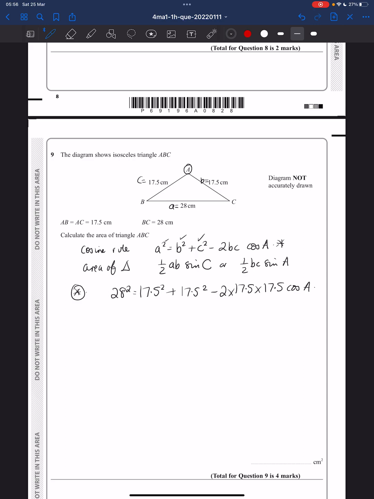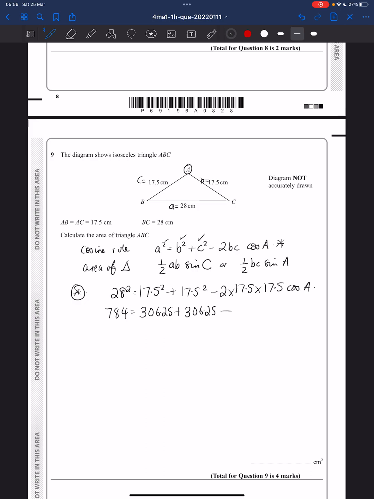28 times 28, 784. 17.5 squared is 306.25. 306.25.